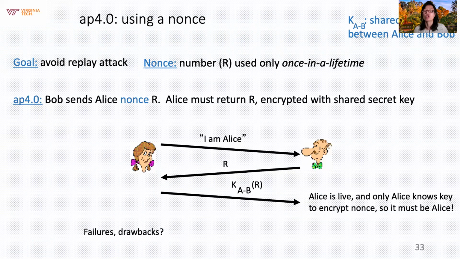So meaning that if Eve intercepted today's communication and tried to use it tomorrow, she will fail because tomorrow it will be a new nonce, R prime. So this is in general a good way of preventing replay attack. Okay, having nonce, having this challenge. Some people call it challenge nonce.